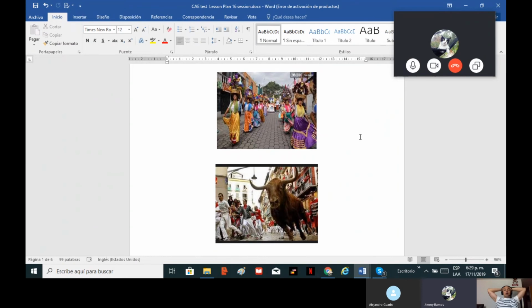Some women are wearing flowers on their heads. In the other image is the corrida de toros, where they run away from bulls. Maybe it's a really dangerous activity, but it's tradition.